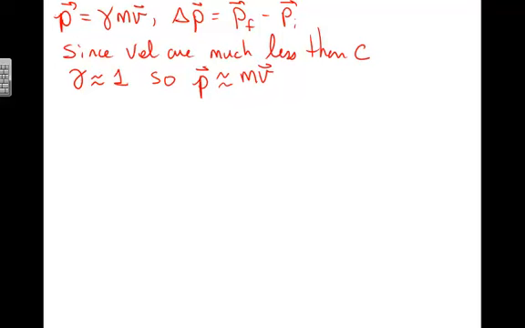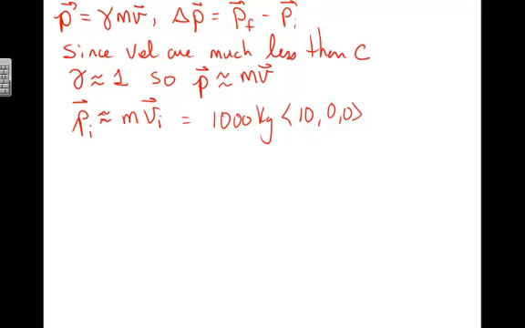All right, so I'm ready to start solving. We have that P initial is m v initial, and again, this is just an approximation, which is going to be 1,000 kilograms times 10,000 meters per second, or 10,000.